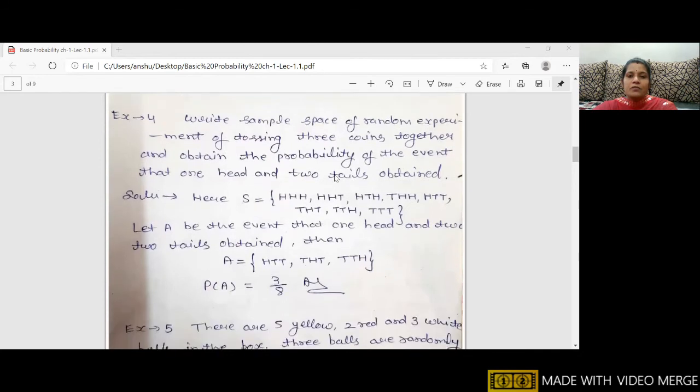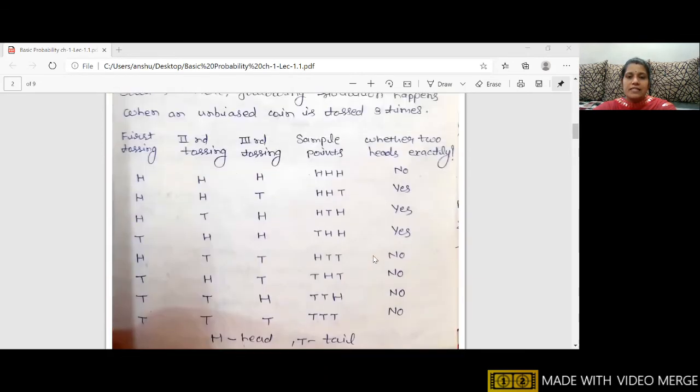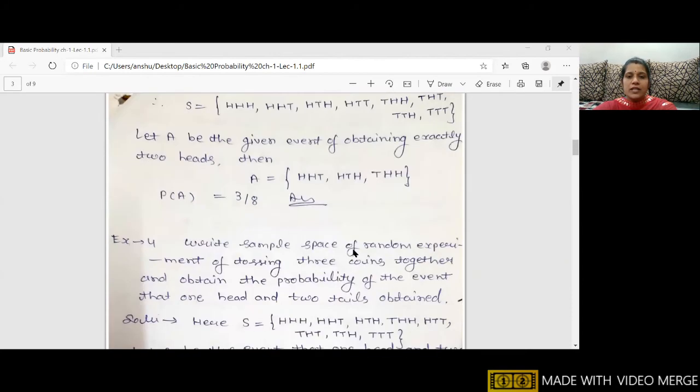What is the set A? The set A has one head and two tails: HTT, THT, and TTH. As in our previous example, one head, two tails; one head, two tails; and one head, two tails.